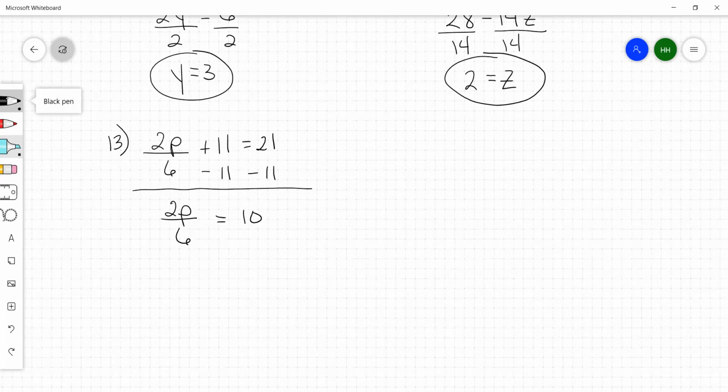Now, right here, this is considered a fraction in front of a variable. This is the same as 2/6 p. So multiply both sides by 6 over 2. This will all cancel out. And your p equals 10 times 6 over 2. That's 30.